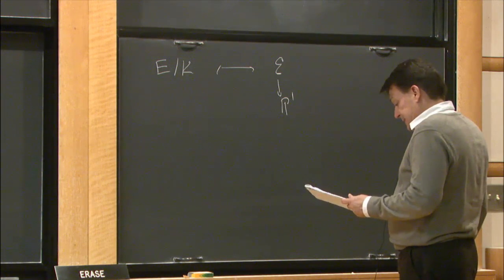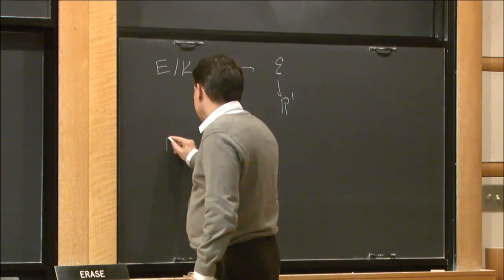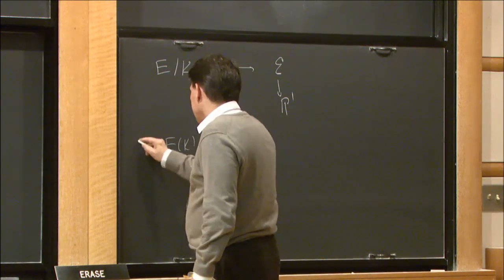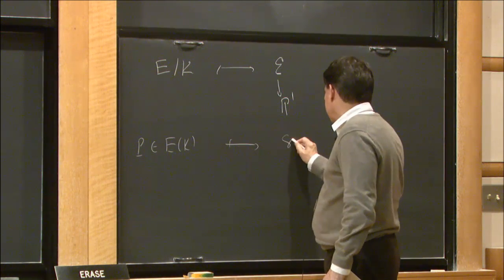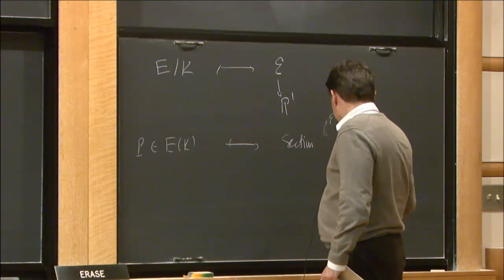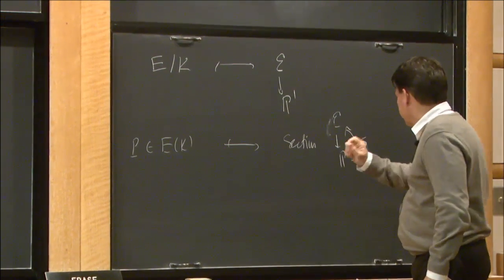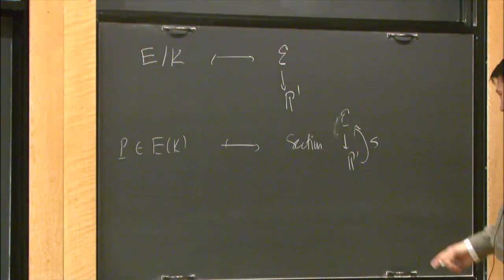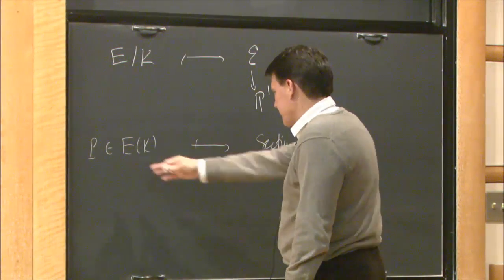And a rational point here corresponds to a section. So I have this fibration over P1, and to give a rational point is the same thing as to give a section. If you take the generic fiber of that, this is the point.